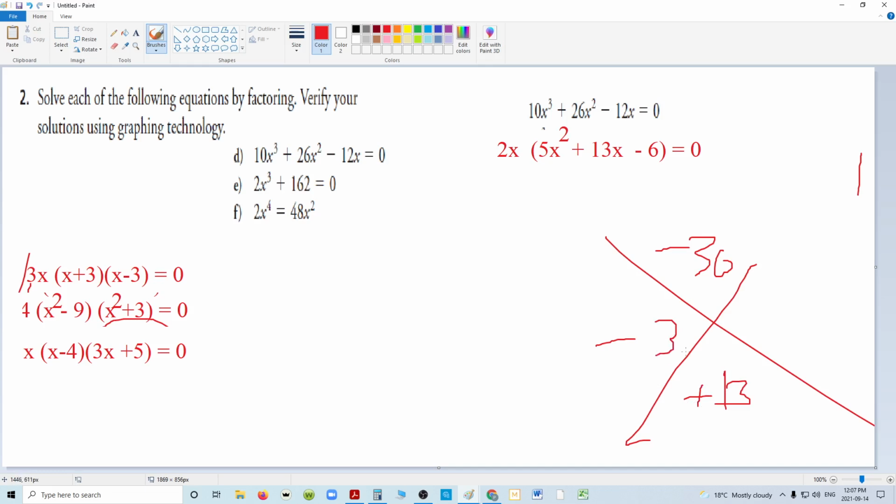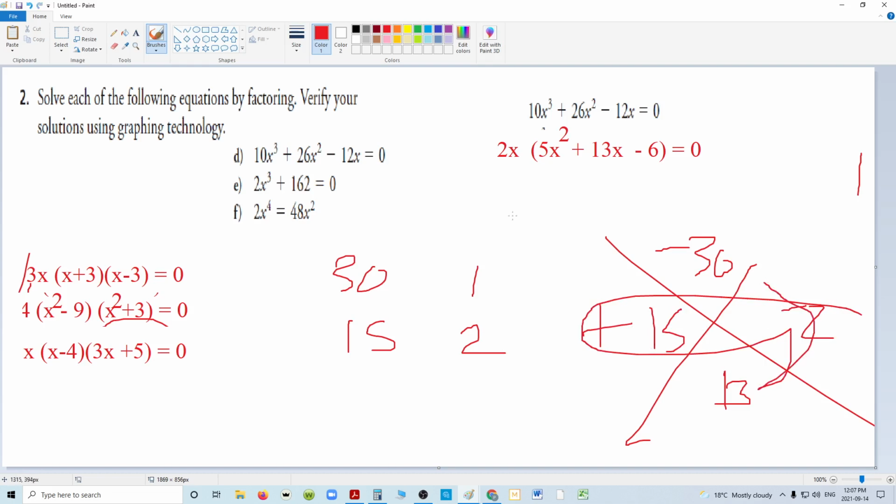Minus 3 plus 10 should normally be good, but it doesn't work. It would work if this was positive. So what are the possible factors of 30? 30 and 1, 15 and 2. There we go. So it's plus 15 and minus 2, because these add up to 13 and make that.